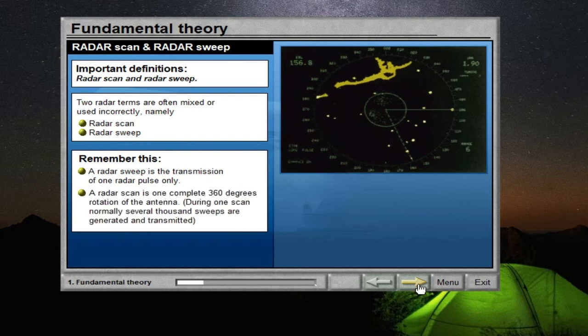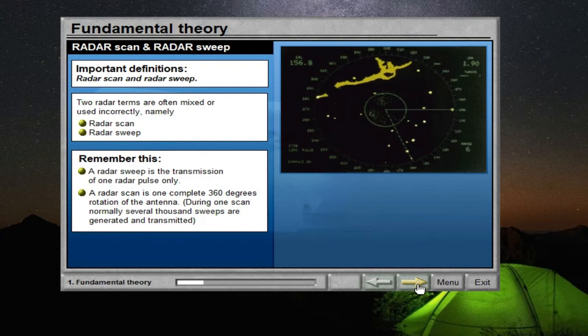A radar scan is one complete 360 degrees rotation of the antenna. During one scan, normally several thousand sweeps are generated and transmitted. In modern radar systems, both sweep and scan correlation may be used to filter away unwanted noise.